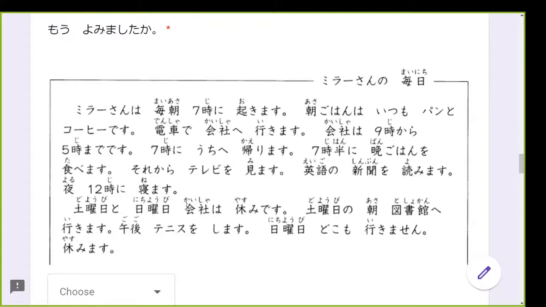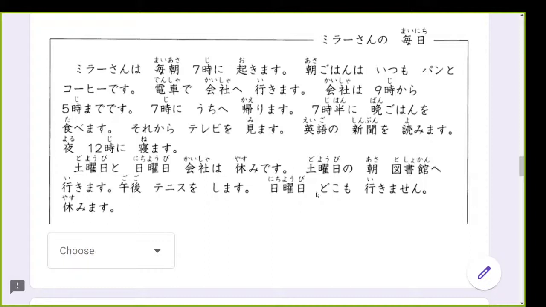His rest day is on Saturday and Sunday. And on Saturday morning, he goes to the library. Then in the afternoon, he plays tennis. Then we have our Nichiyobi. Nichiyobi doko mo ikimasen. So on Sunday he will not go anywhere. Then yasumimasu, just only take a rest.